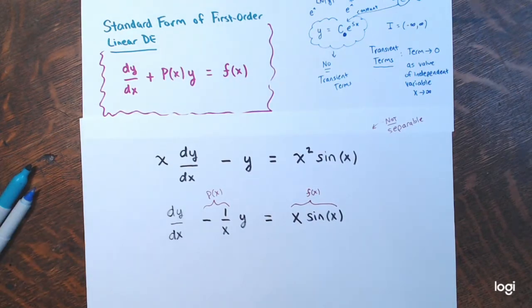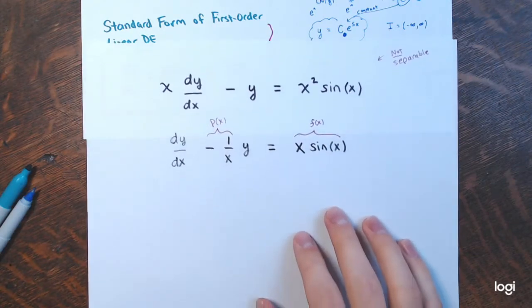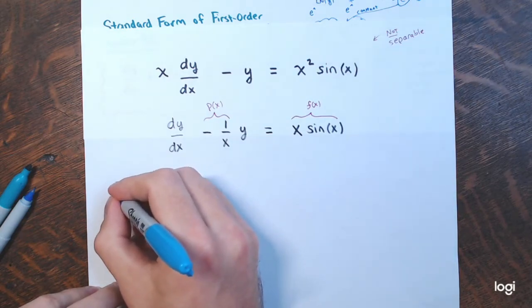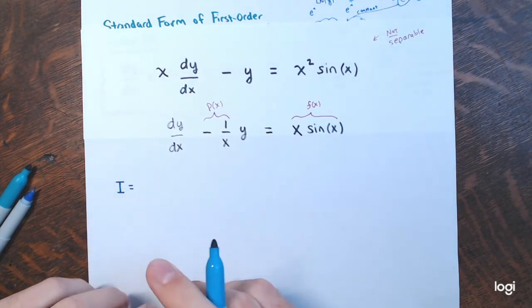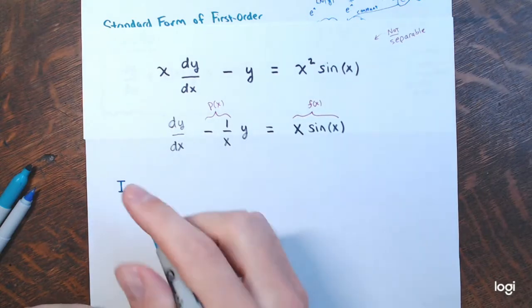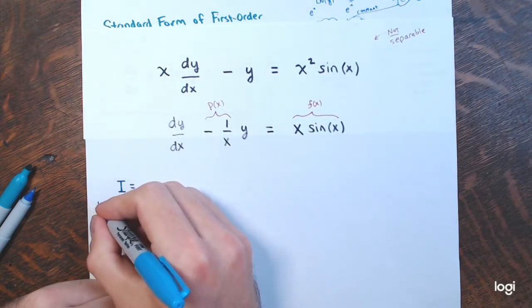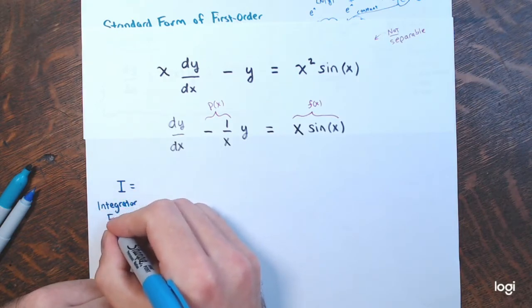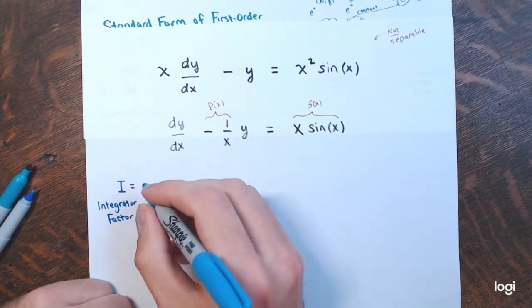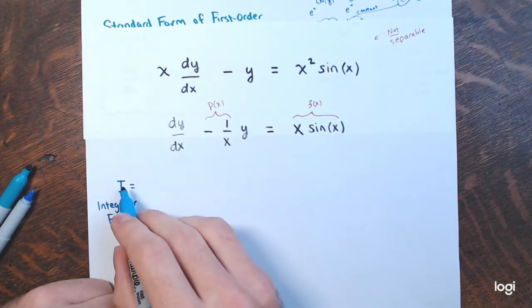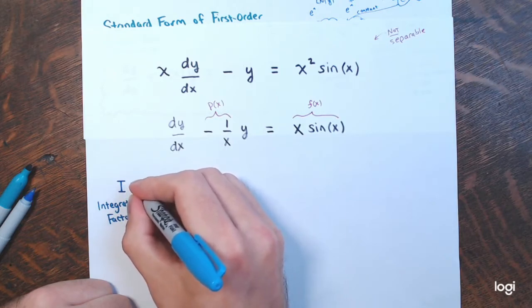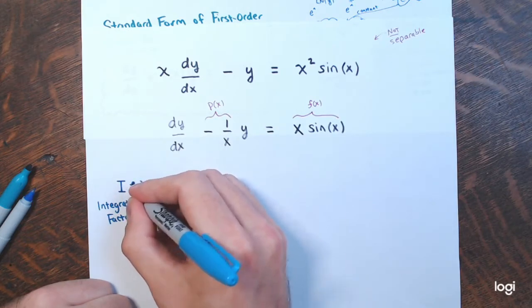So now that I've got it in standard form, I'm going to find that integrating factor, which I'll call I here. I know I said I was going to be the interval, but this is the integrating factor, so just don't confuse them. I guess you could call it I of x if you wanted, just to avoid confusion with the other I that's going to be an interval.